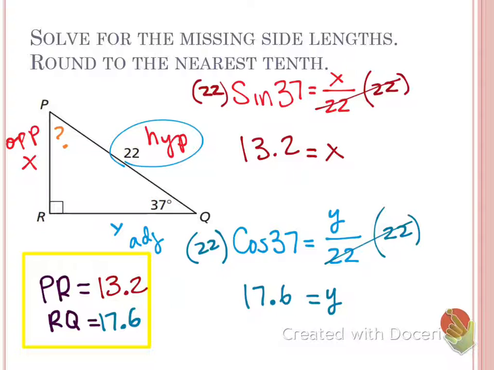Option 2, what does P plus Q, what do they add up to? 90. So you could always do 90 minus 37 as another option. But either way, what is the measure of angle P? It's 53. That's the only extra thing you're doing in this section, other than we're going to find angles using sides in a second. But if this question said solve the right triangle, that's the only extra thing. Questions on this?